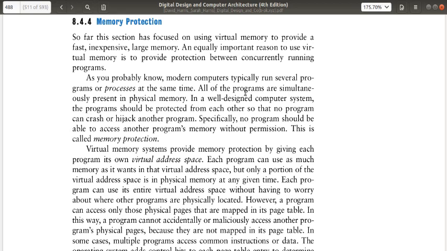Also, if processes A and B want to share some data, that can be arranged by mapping the corresponding virtual memory locations to the same physical memory. So this segregation of memory for memory protection is one of the key components of virtual memory.